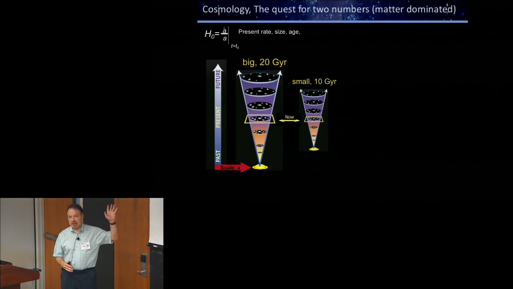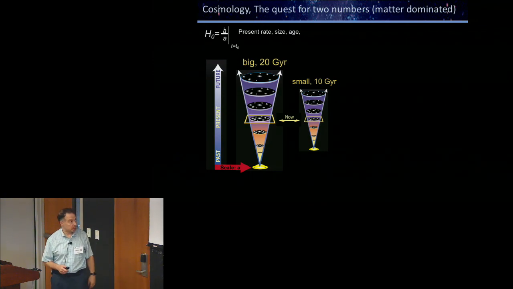Back decades ago, there was a lot of disagreement by about a factor of 2 whether we lived in a 20 gigayear-old, very large, slowly expanding universe, or whether we lived in a small but quickly expanding universe with a large Hubble constant. Through work, particularly with the Hubble Space Telescope, by early 2000, this was known to about 10% precision.